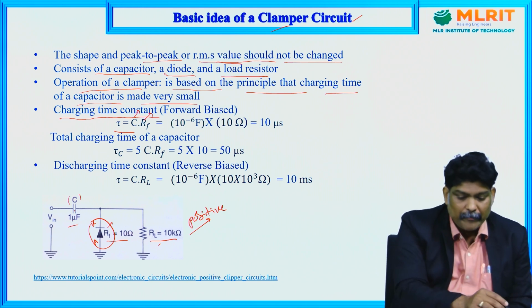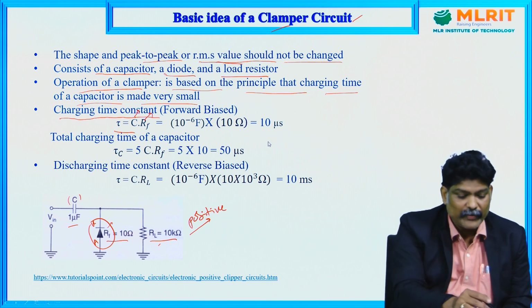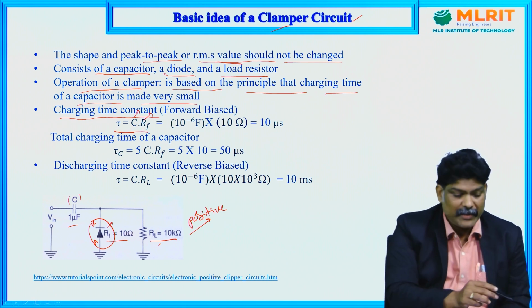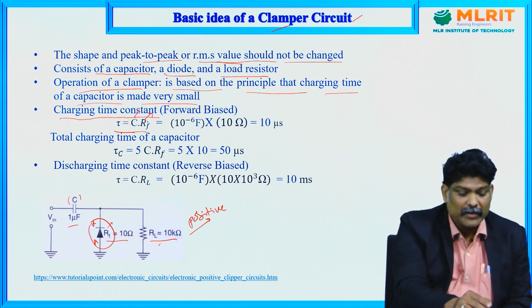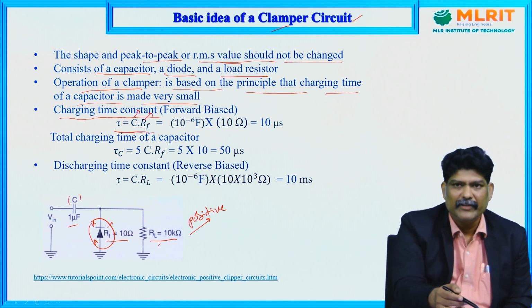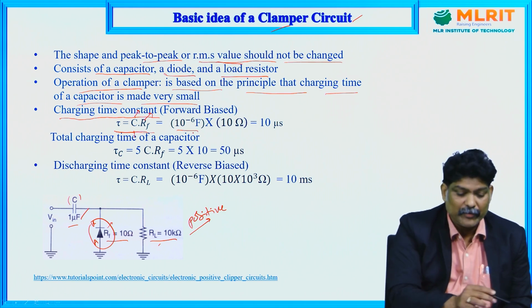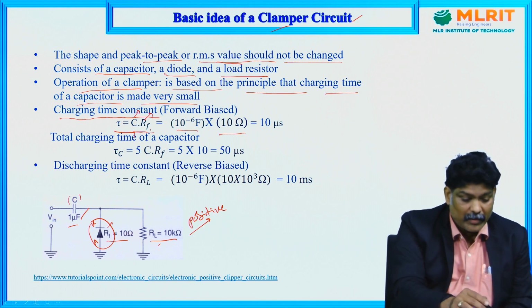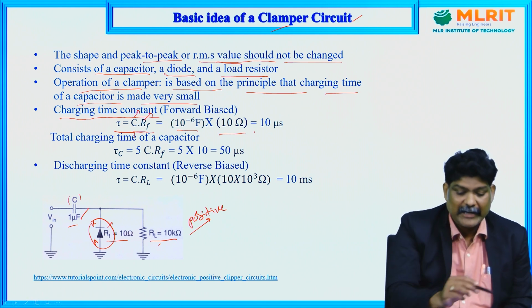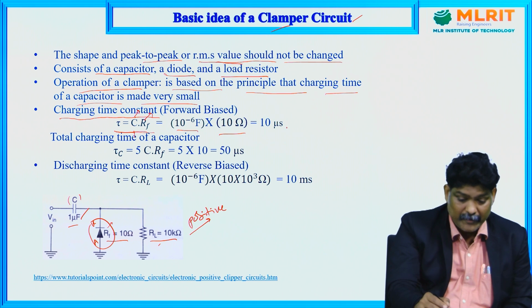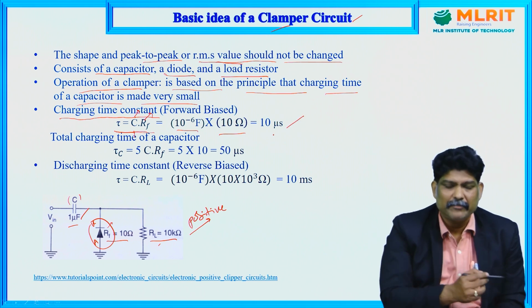So the charging time constant tau is equal to RF into C, that is 10 to the power minus 6 farad into 10 ohms. If you multiply these two, the charging time is 10 microsecond. 10 microsecond means very small.